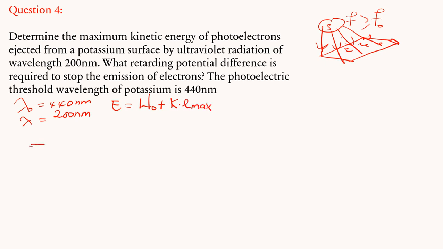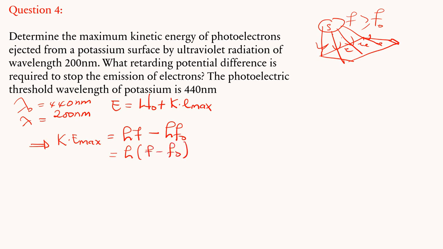This implies that KE max will be equal to E, the energy of the incident radiation, given by hf, minus the work function, which is hf0. Now this is equal to h into f minus f0.